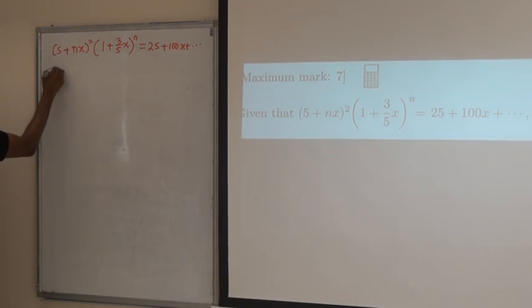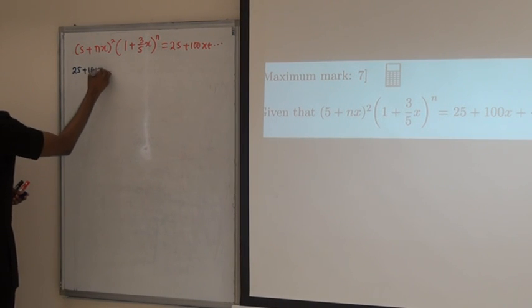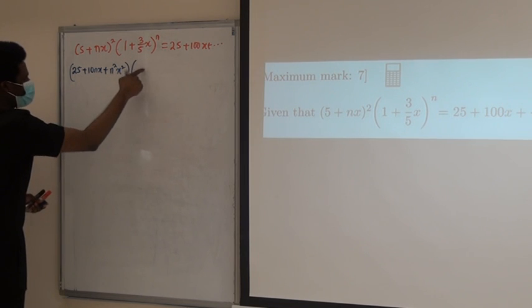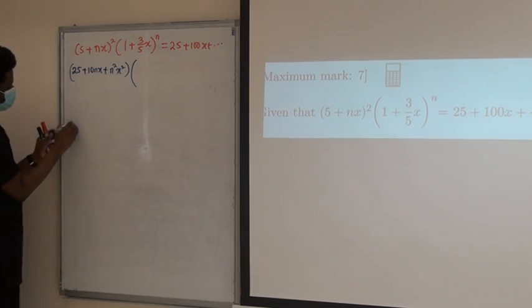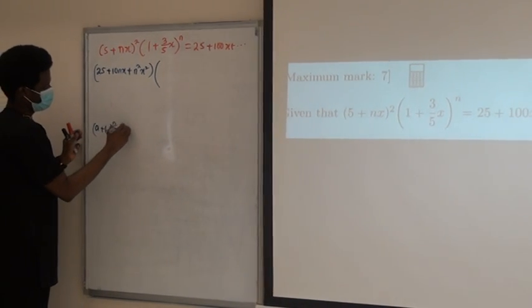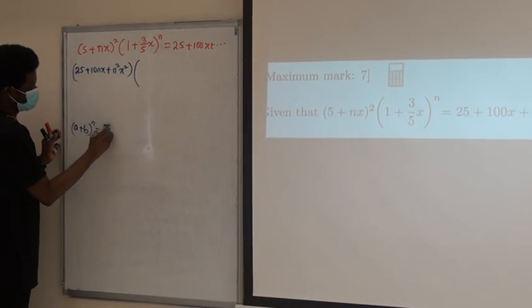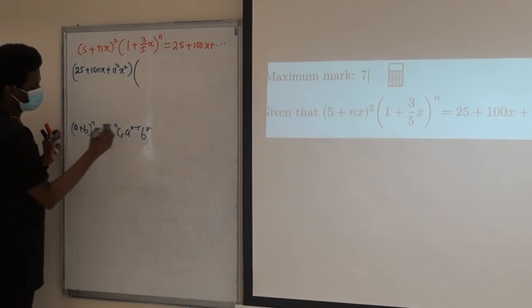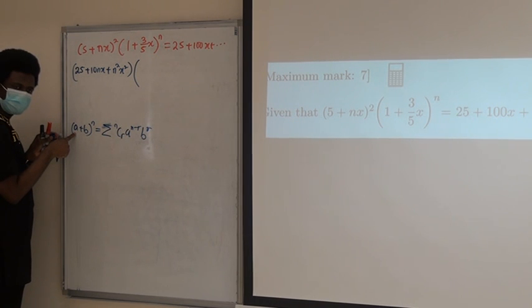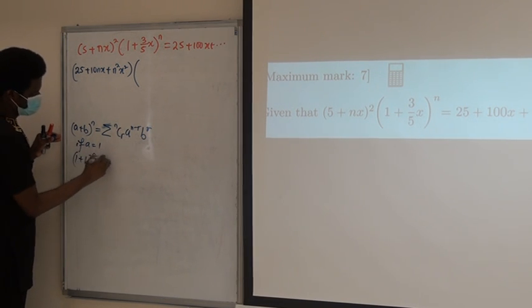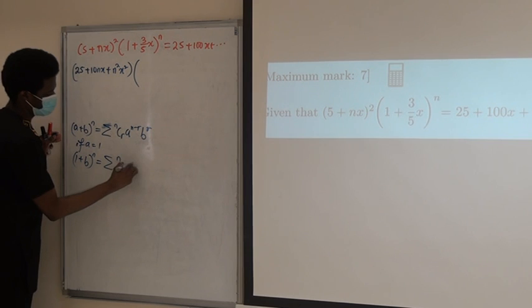This, 25. You got 25, yes? 10, 10 and x, n squared, n squared x squared. Now for this part, I want you to remember that (a plus b) to the power n is the summation of n combination r, a raised to power n minus r, b raised to power r. If a is 1, then (1 plus b) to the power n simply becomes n combination r, b raised to power r.